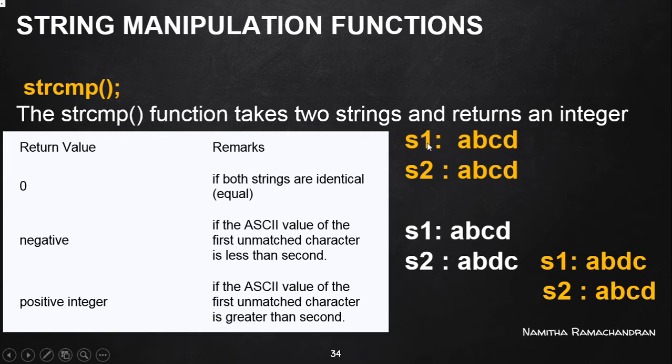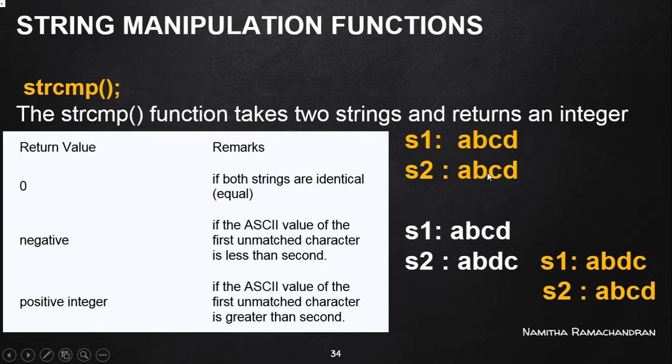So consider the case, this is the first string and this is the second string. The comparison starts from MSB to LSB and performs a character-wise, position-wise comparison. Here these two are equal, these two are also equal, these two are equal, again these two are equal, and finally we reach the null character. So we can conclude that these two strings are equal.